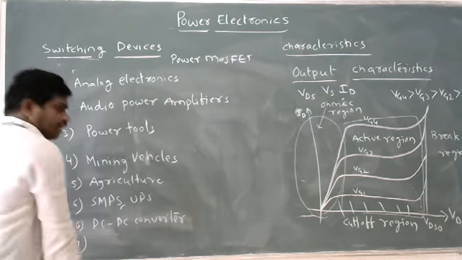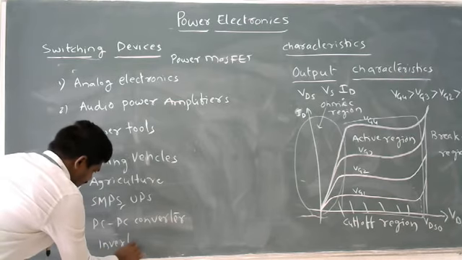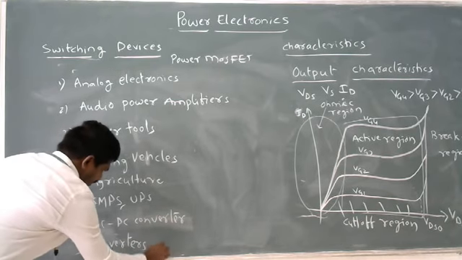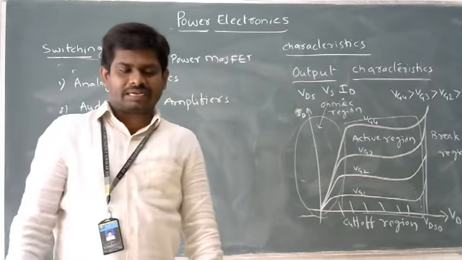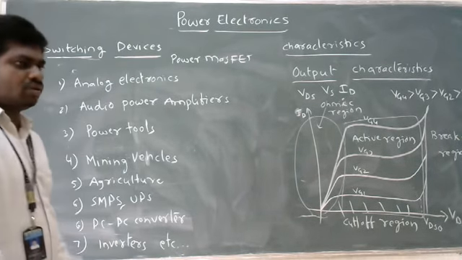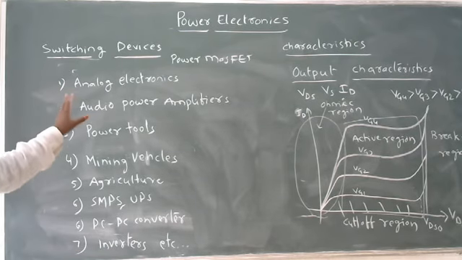Then inverters also can use this type of device. These are a few examples of applications where we use the power MOSFET. That's why power MOSFET usage is more in power electronics.